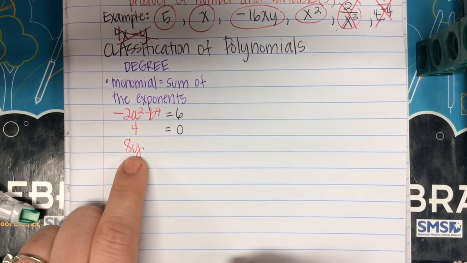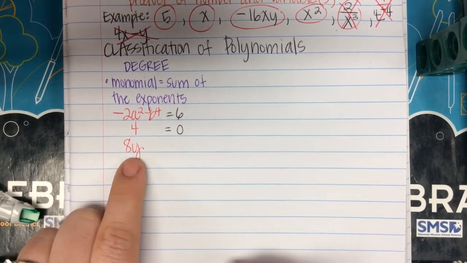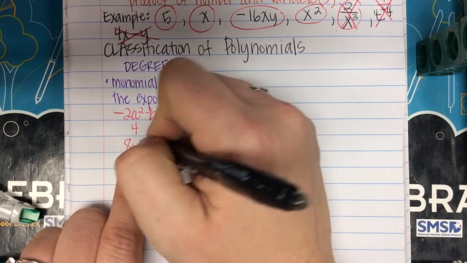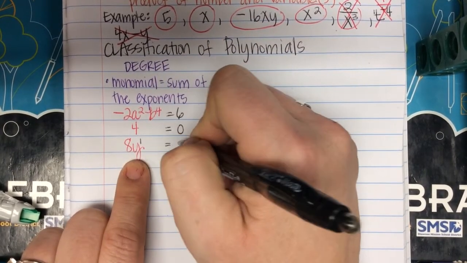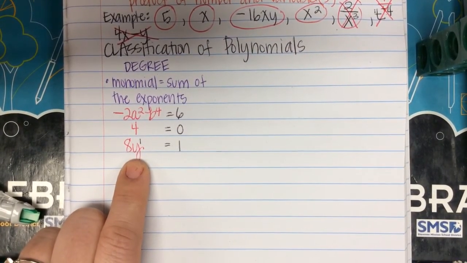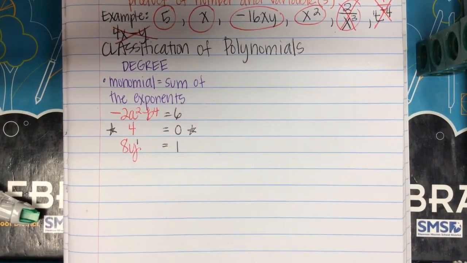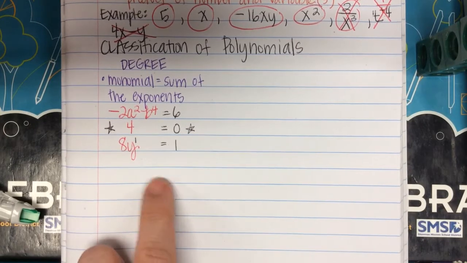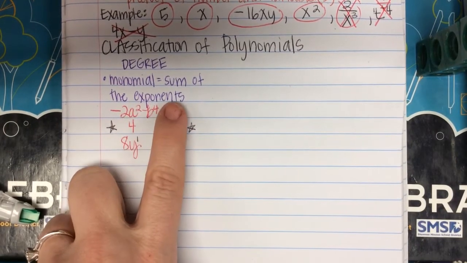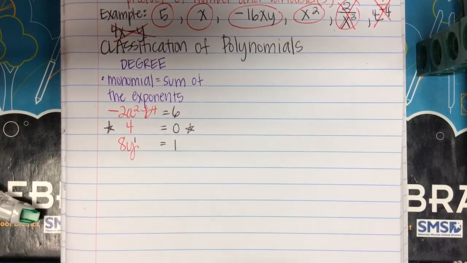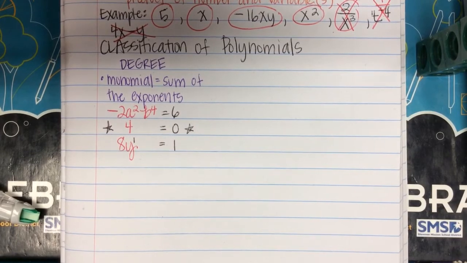Oh, Angelina, what's the answer down here? 1. So remember, if it's a constant, just a number, it has a degree of 0. If it has variables, that's where we add up or place in our 1.